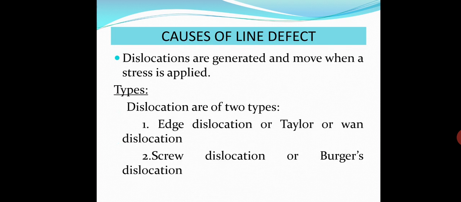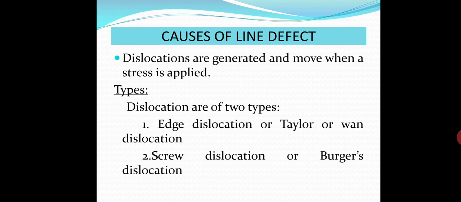In the previous class, we discussed point defects, because at that defect, only at a certain point, either a vacancy is created, or an interstitial atom occupies a position, or a certain impurity substitutes a regular atom.